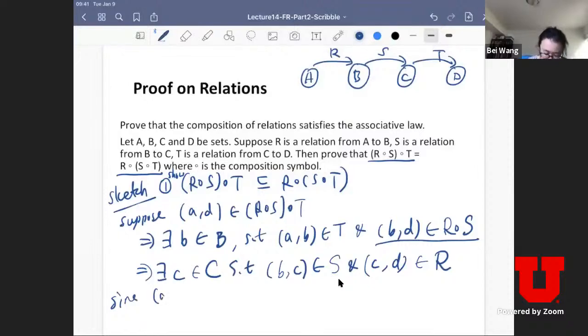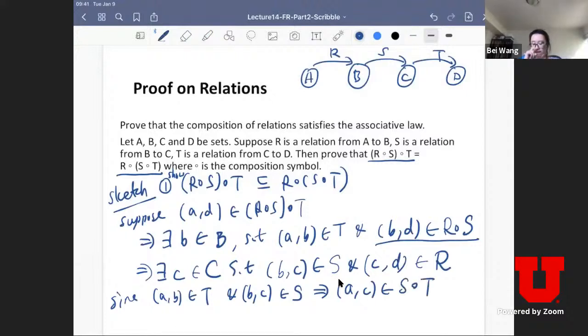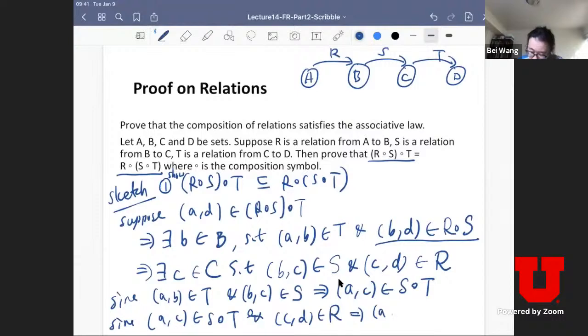Because we have both AB in T and BC in S, this implies AC is in S composed with T. And because AC is in S composed with T and CD is in R, we have AD belongs to R composed with S and T, which is the right-hand side.